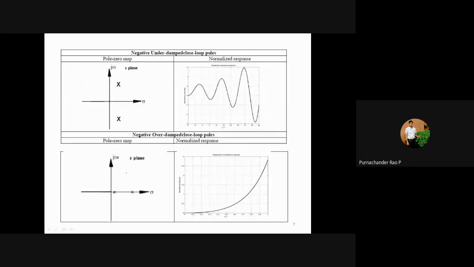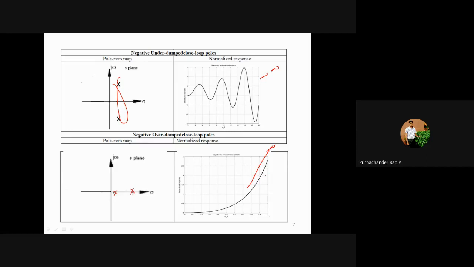Now if you observe the roots with positive real parts, your response keeps increasing and reaches infinity, so there are no bounds. Also in the second case, the roots are located like this, and your response increases towards infinity.